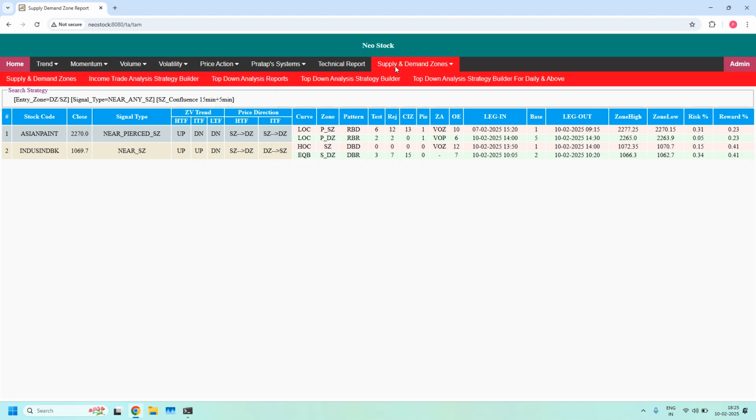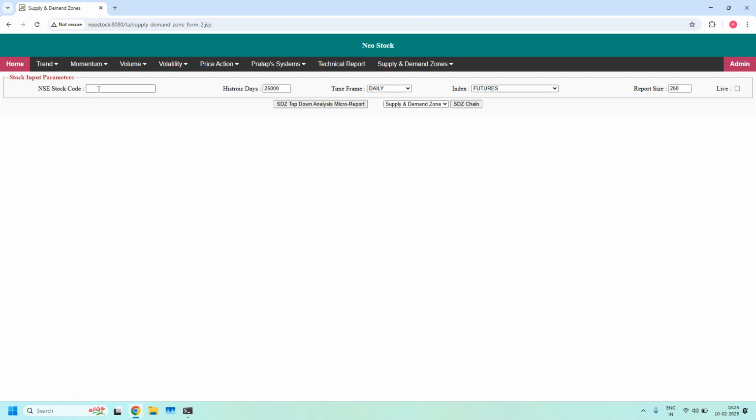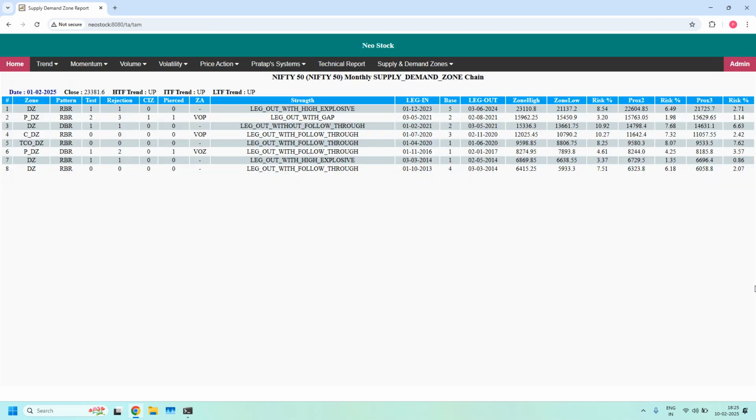Next we will generate NIFTY and BANKNIFTY supply demand zone chain starting with monthly time frame, generating monthly supply demand zone chain for NIFTY. So this is a Nifty monthly supply demand zone chain. Always look into the zone column to find high liquidity zones.